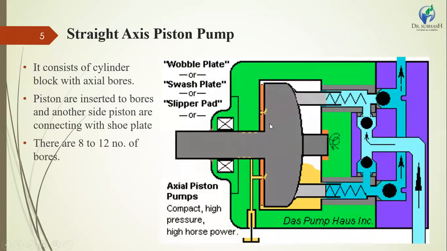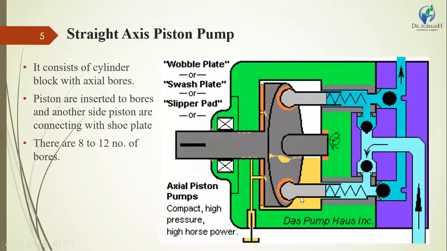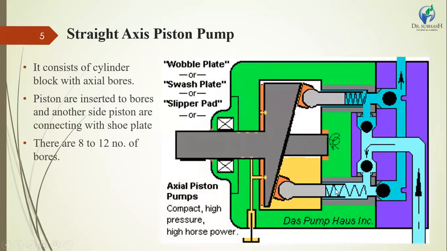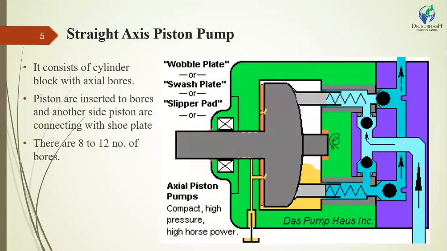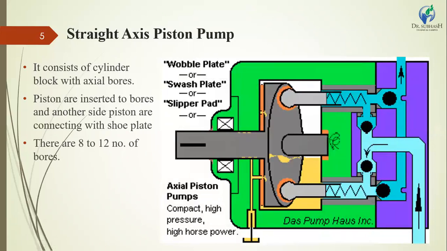This swash plate is not fully rotating. Here the circular shape shows the working of the single acting piston cylinder arrangement, in and out. It consists of a cylinder block with an axial bore. The piston is inserted in this bore.